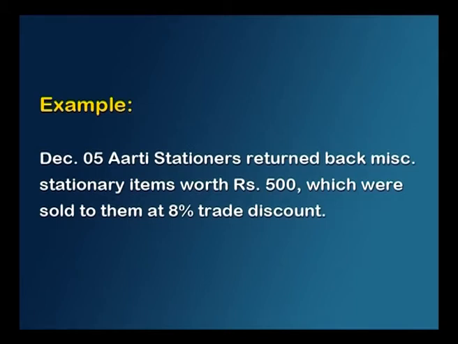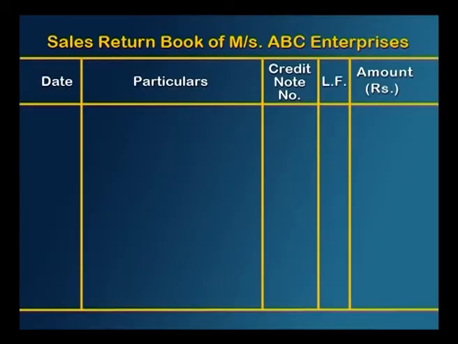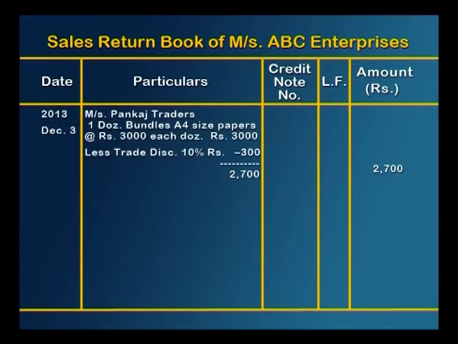Let us see how these two transactions will appear in the sales return book of Messrs ABC Enterprises. Both the transactions are relating to stationery, the basic commodity of ABC Enterprises, and both the transactions are credit also. So, they will find a place in the sales return book. First entry, December 3, customer Pankaj Traders, details of transaction.